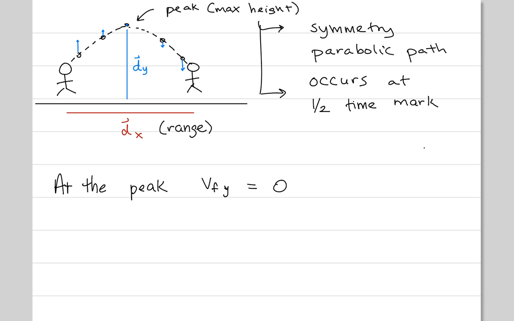We can use our acceleration formula in y, of course. So a equals VF minus VI over t. This is our standard formula for acceleration. We know that VF is 0, so we'll have a equals negative VI over t.